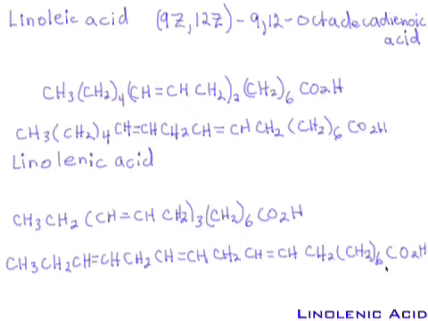Now, notice that we have 1 carbon for the carboxylic acid, then 6 CH2s, that's 7, 8. We have a double bond at carbon 9, 10, 11, 12, 13, 14, 15.